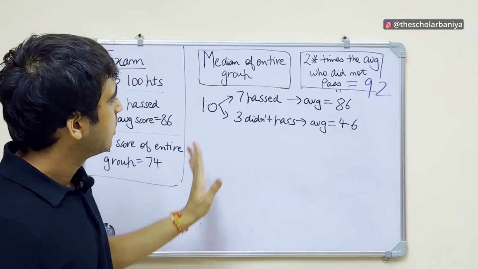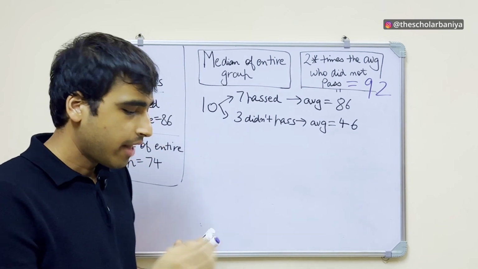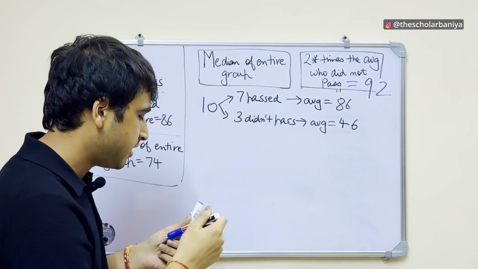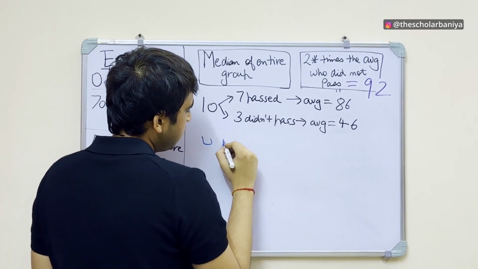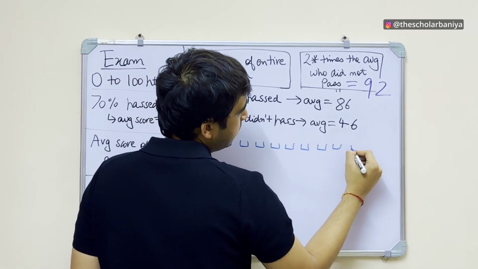So these are the two things we have with us right now, and there are a total of 10 students: 1, 2, 3, 4, 5, 6, 7, 8, 9, 10.